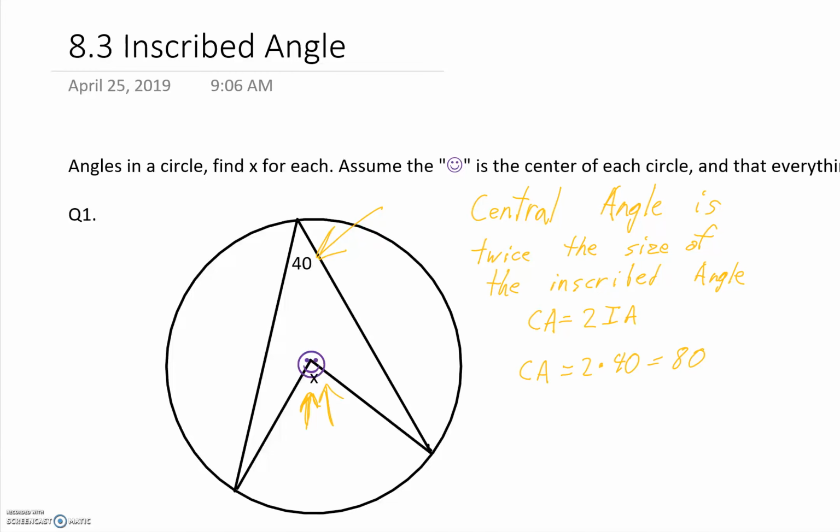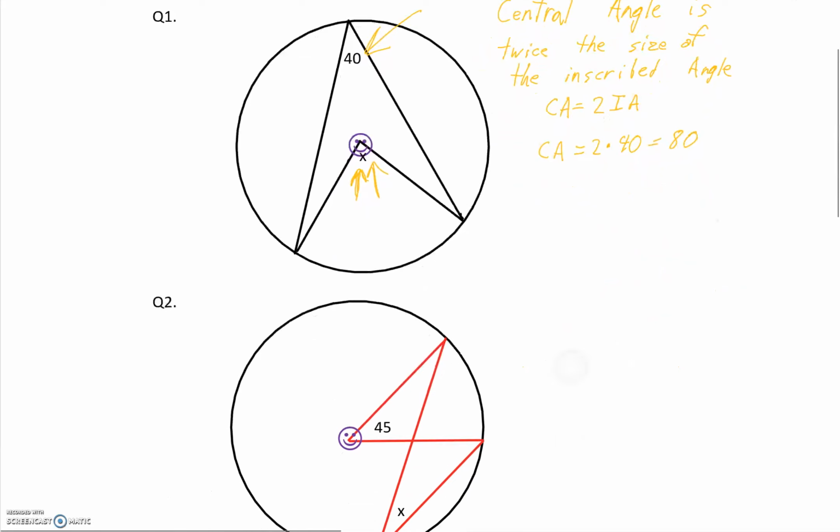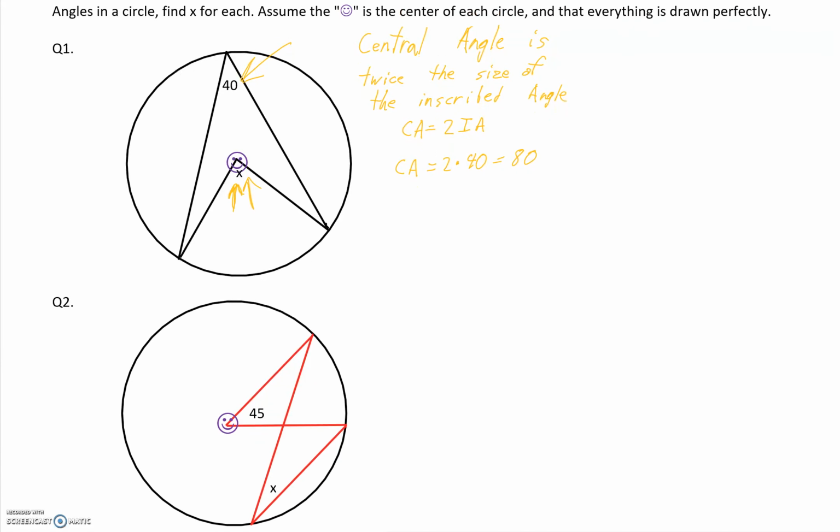Okay, now let's look at a different question here. It's going to use the exact same ideas, but it's going to use it sort of slightly in a weird looking way. I want you all to rotate your device so that this way is pointing up. Okay? Once you do that, it should be a little bit more clear.